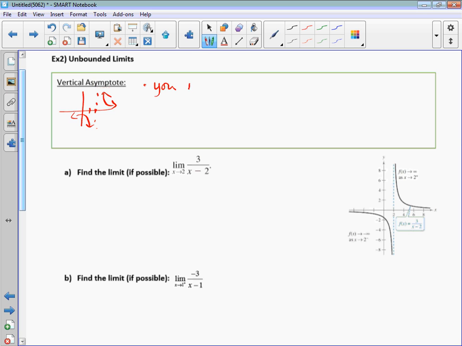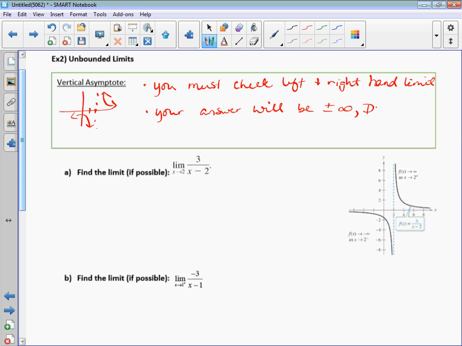So you must check. The answer will be positive or negative infinity, comma, does not exist. You guys remember these from last year?